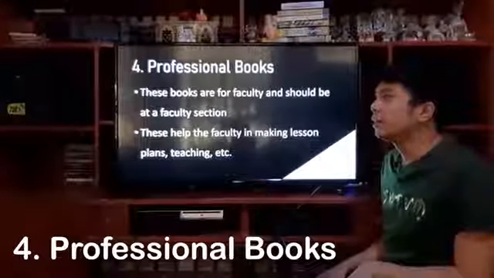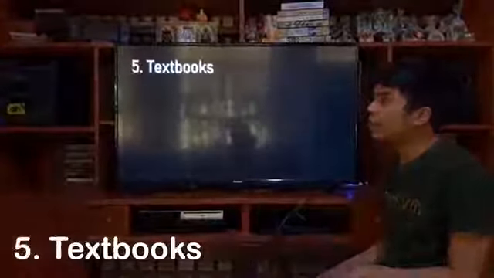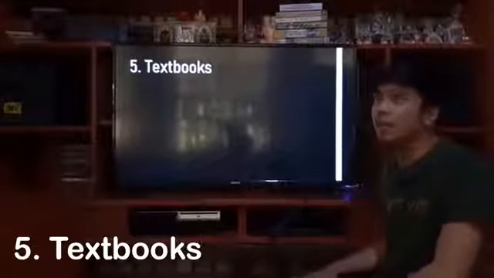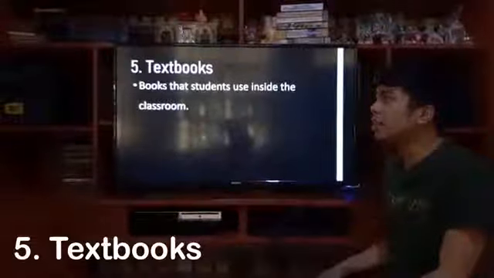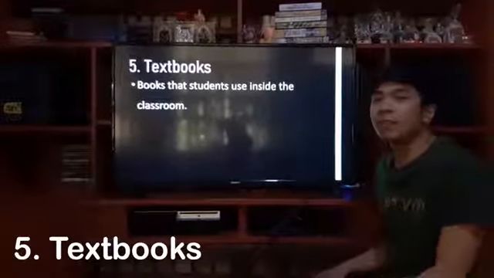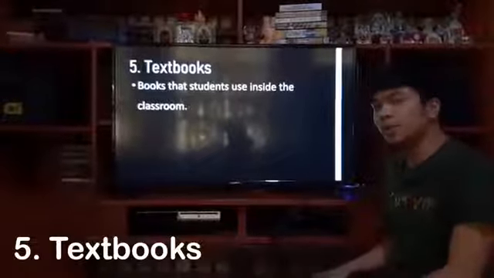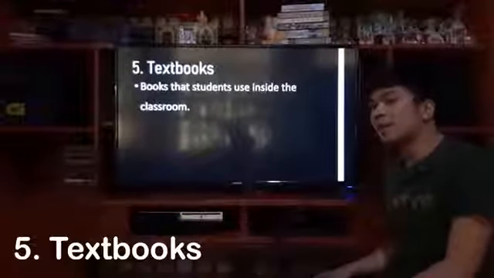Okay? So, the fifth one would be textbooks. So, textbooks po, as long as ayaw po siya isali, pero if school library po talaga, lagi pong may textbooks. But, let's examine first the definition. These are the books that the students use in their classrooms. So, ito po yung mga ginagamit po nila sa klase.